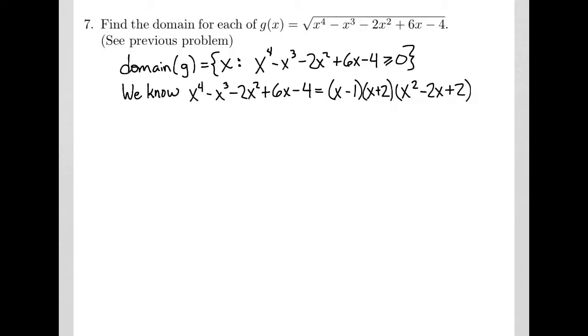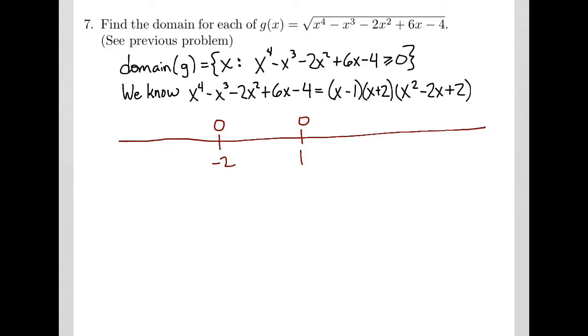Once I know the factors of that polynomial and all of the roots, I can do sign analysis. So I can mark down all of the places where my function inside the square root is 0. So I take my polynomial, I have a root at 1 and a root at -2, and there were no other roots. And so now I can pick values and see what signs I get.